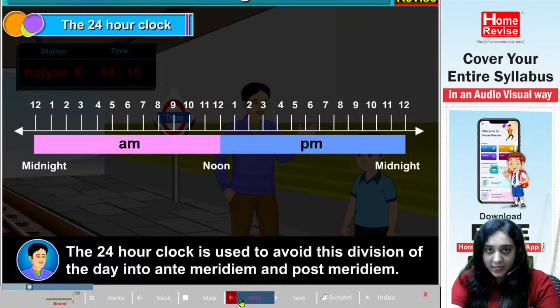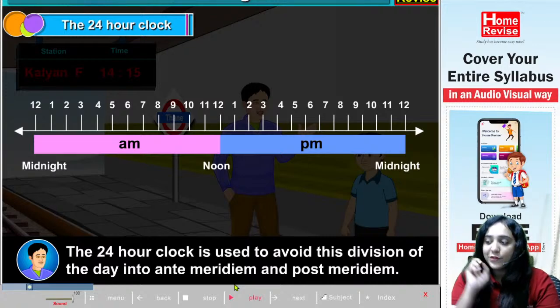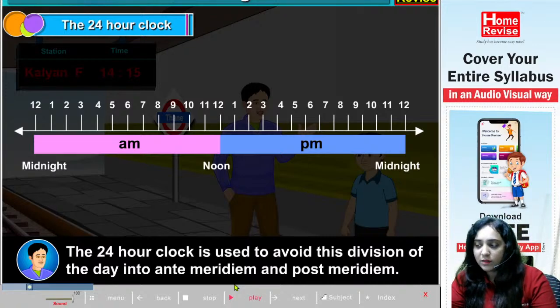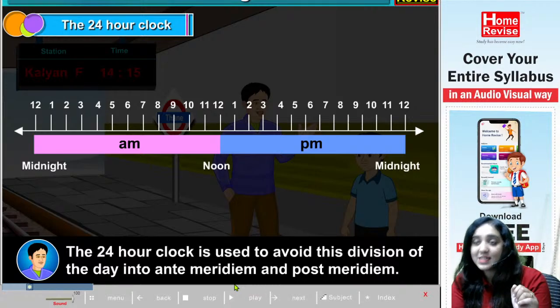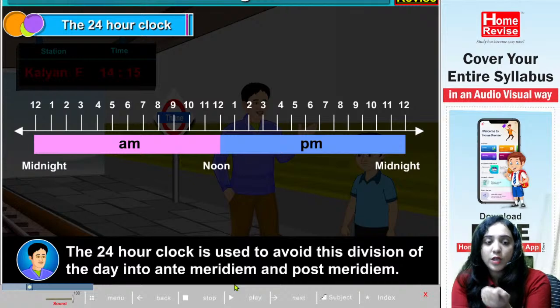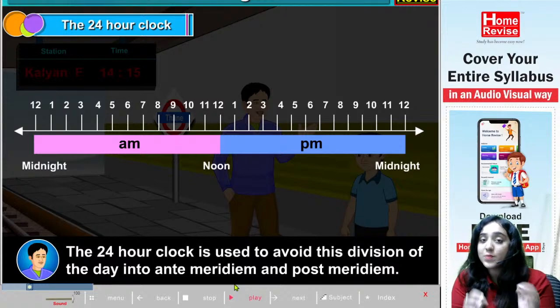Yes, can you all tell me what exactly is this? If I say 15.5, that means 15, huh? Very good, Divya. It is 3. Correct, correct. So, I hope that everyone is aware about this 24-hour clock.